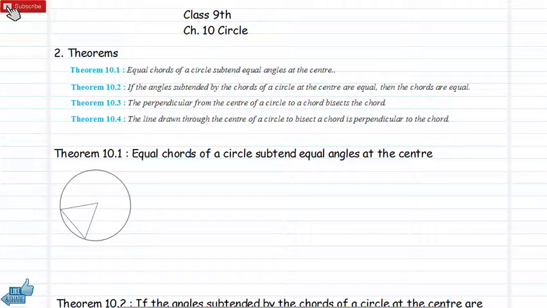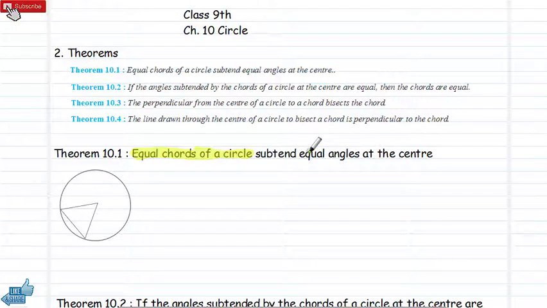Now see here, in the statement of a theorem, 99% of the time the first part is the given. The first part, equal chords of a circle, is your given.